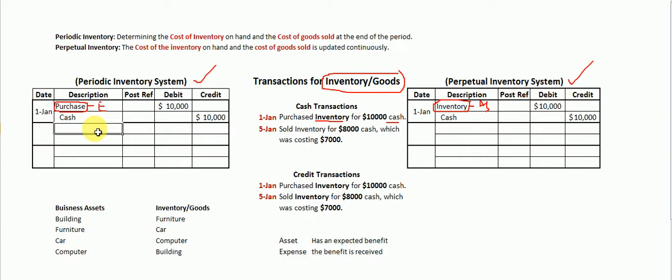So they assume: let's record everything as an expense from the beginning, because recording as an asset and then as an expense when you sell is complicated and inconvenient. That is why this system, for the sake of easiness, records it as an expense.